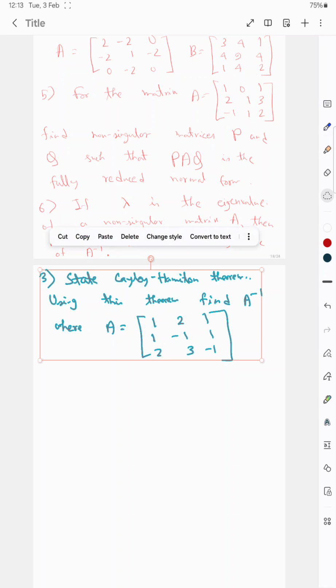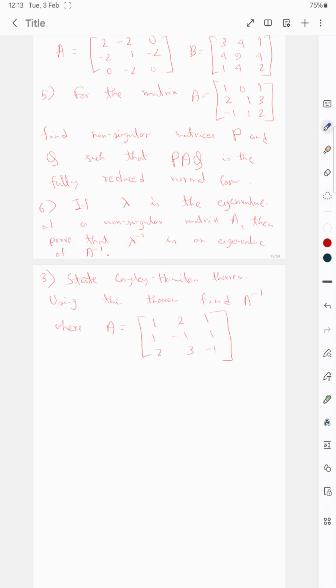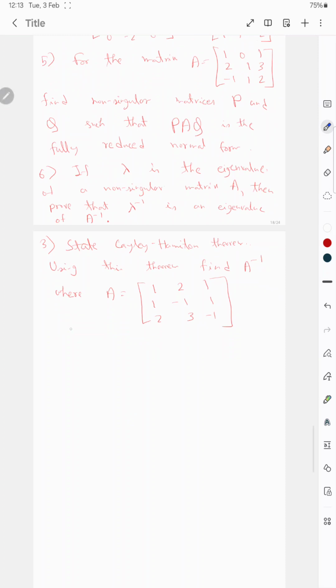So I just write the corresponding. First find the characteristic equation. This you have to find. Now let me write the characteristic equation.